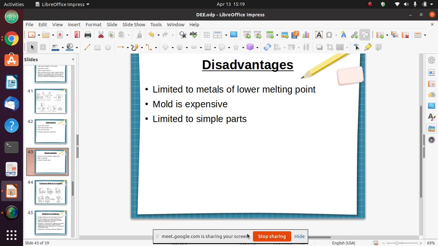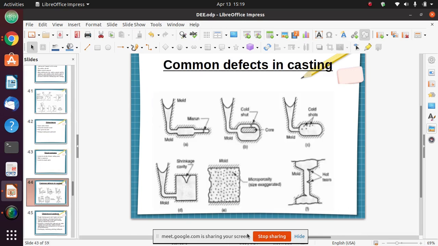Because it will be expensive to make that mold, and an engine block has very complex shapes. Ikona corners, ikona curves. So it is very difficult to machine such a mold. That's why you use sand casting for those complex shapes. But for simple shapes, kama toy, kama kalamu, we can use this permanent mold casting.